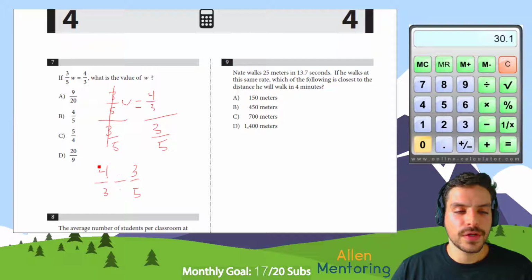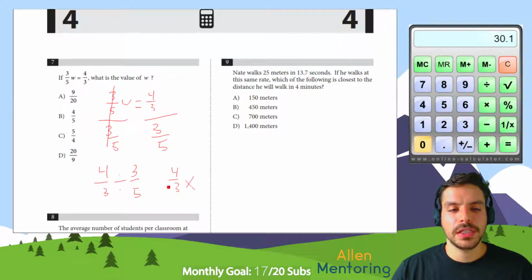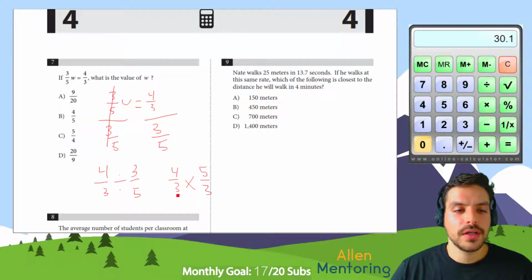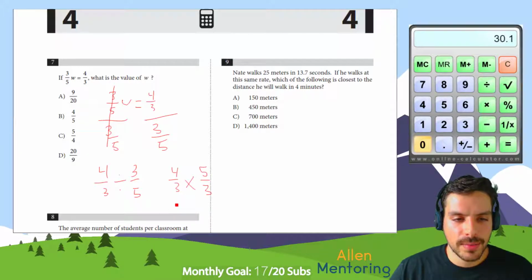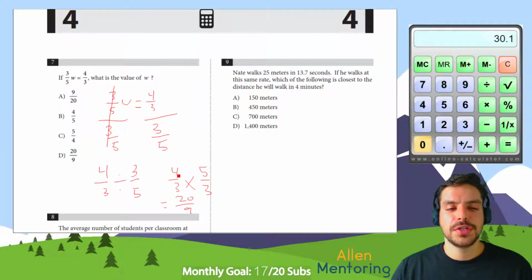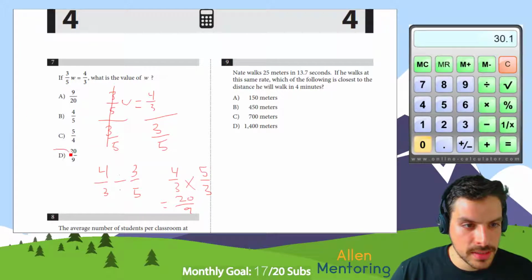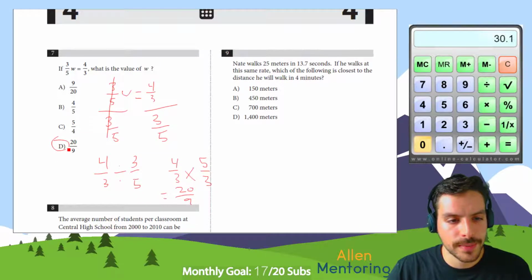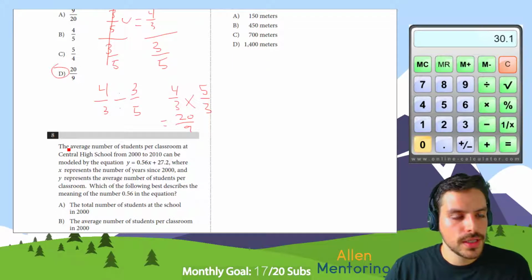We keep the first fraction, 4/3, we change division to multiplication, and then we flip the last fraction. Now we just solve 4/3 times 5/3, and that'll be equal to 20/9. We just do numerator times numerator over denominator times denominator. So in our case, D is the correct answer. Okay, so far so good.